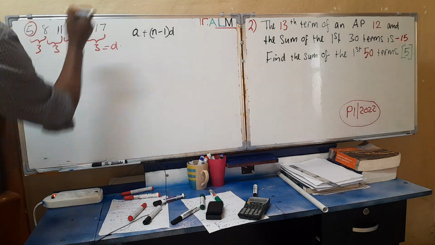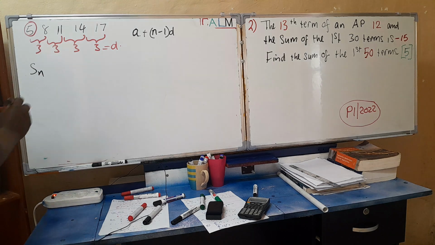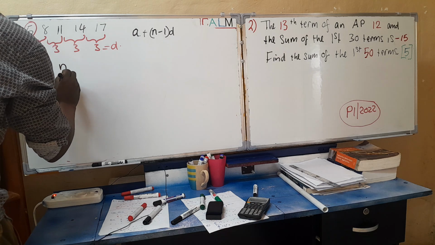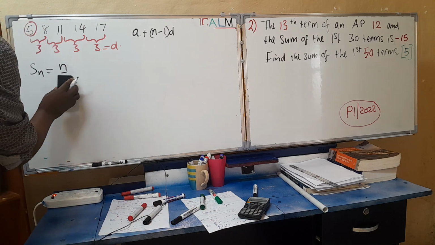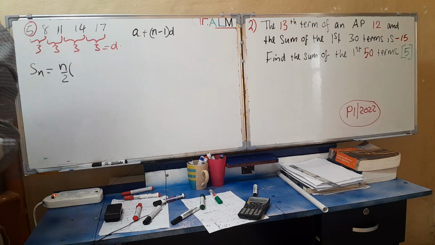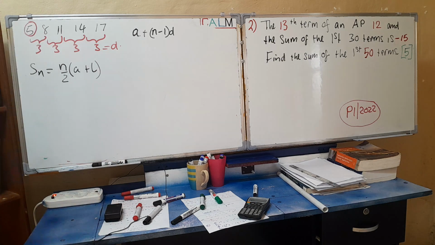The formula is the sum to n terms is equal to n divided by 2 multiplied by a plus l, where l is the last term.